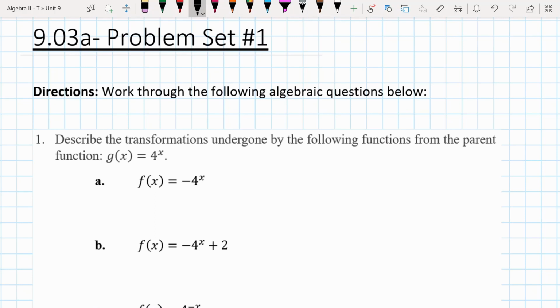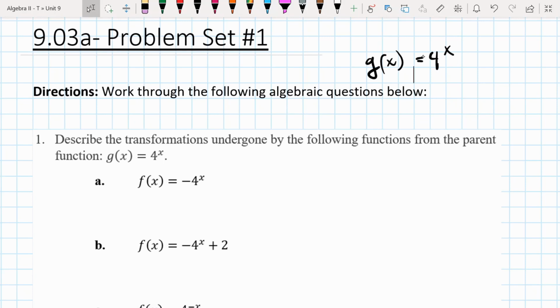Okay, so for problem set 1, number 1, we have a function, g of x, and g of x is defined as 4 to the x. And what we want to do is recognize the transformations that the function has undergone as we change the function itself. So for example, for number 1, what happens when we switch the sign on the outside?